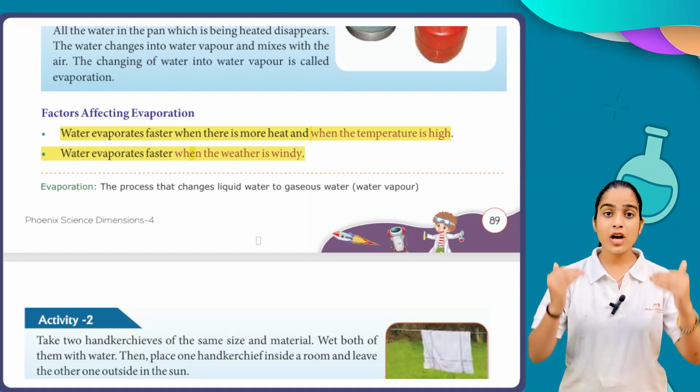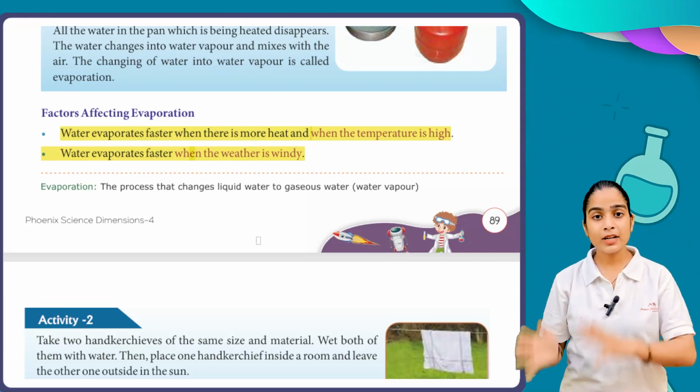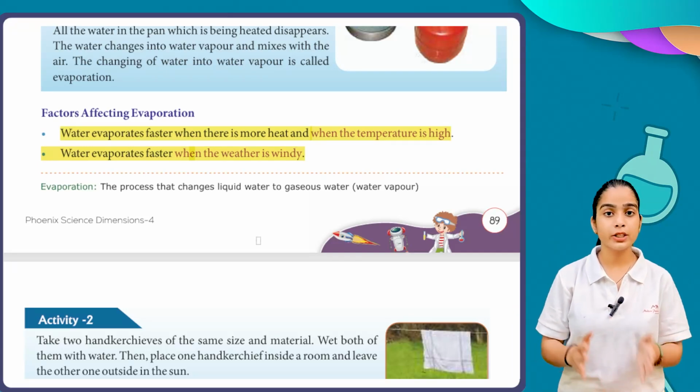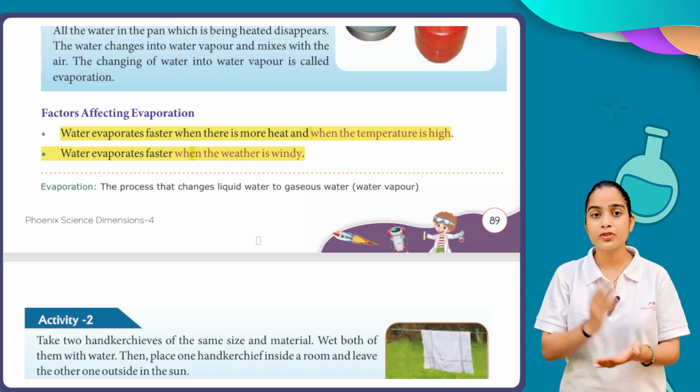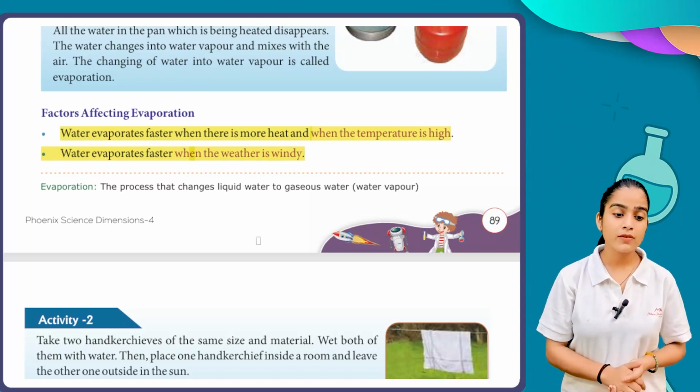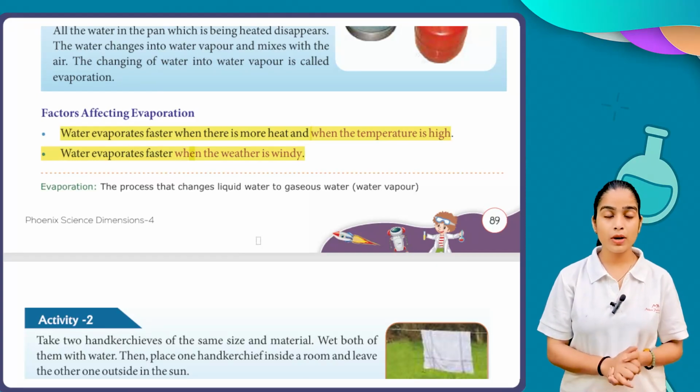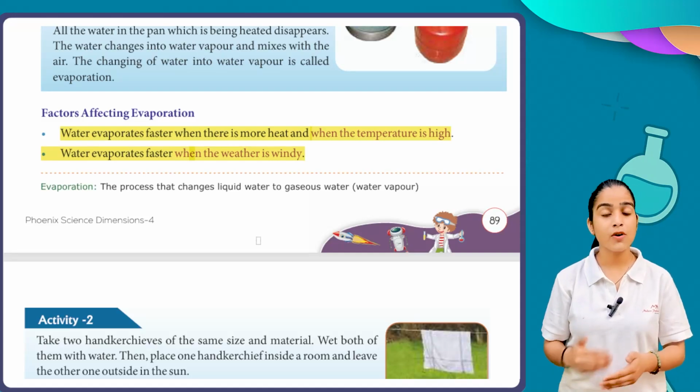The higher the temperature, the more water will be converted into gaseous form. If we have high temperature, then more gas. If we have low temperature, it means less gas. Now, water evaporates faster when the weather is windy. With the help of windy weather, we can change our water into gaseous form faster.